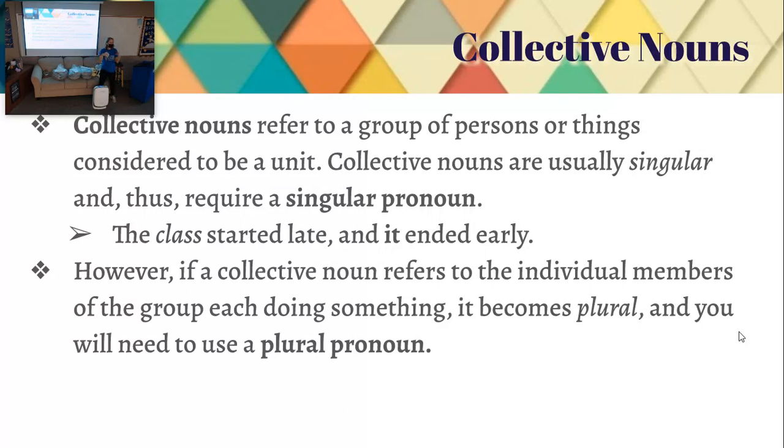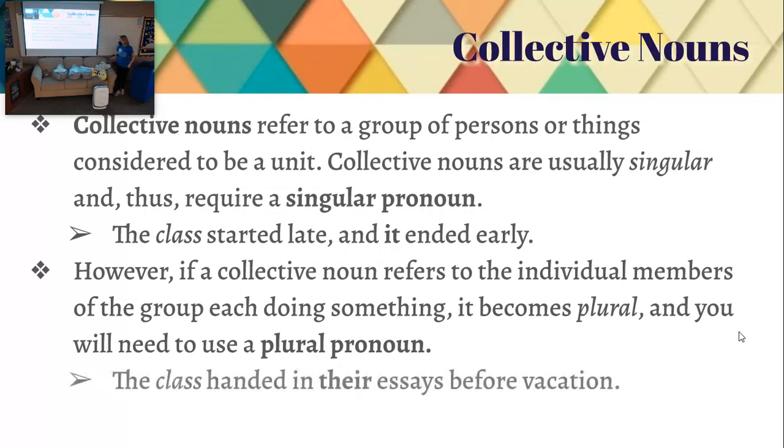But if the collective noun is working individually, then it's plural. If they're working together as one unit, it's singular. If they're working as individuals, it's plural, because they're all going off and doing their separate things. Let's look at an example of that.